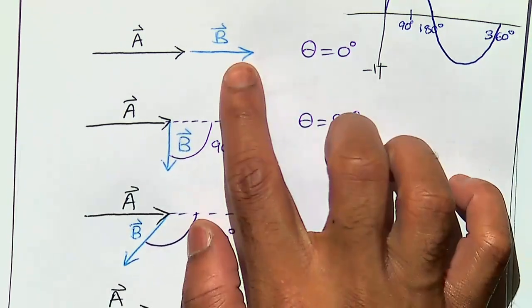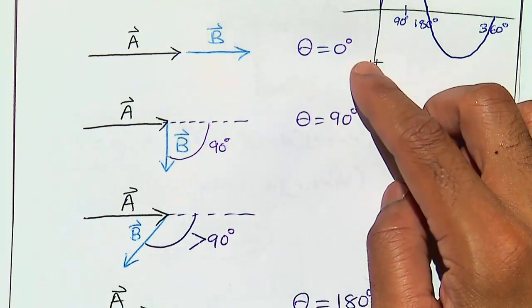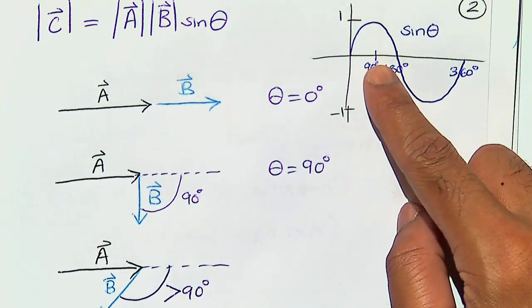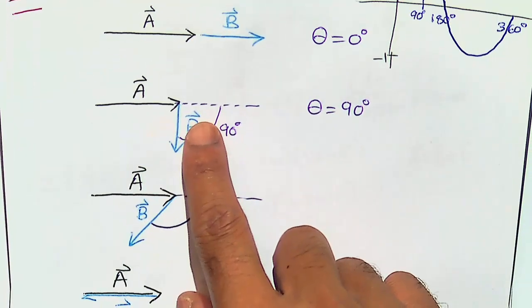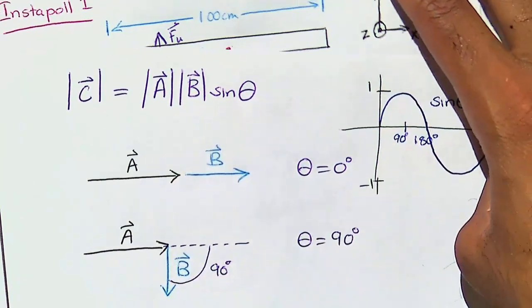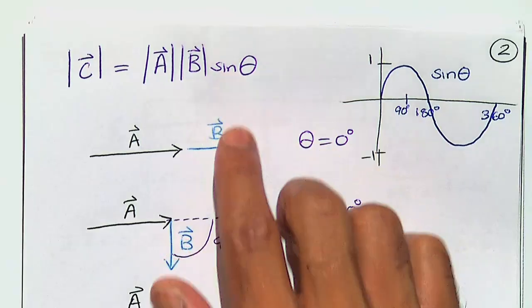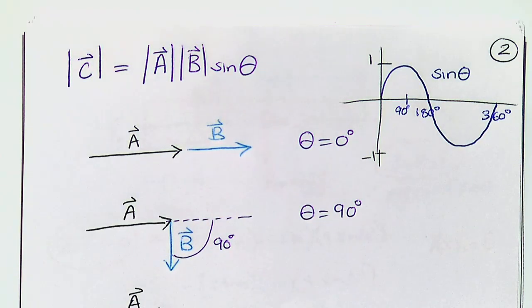If they're parallel to each other, then sine is set up to give you 0. But if they're perpendicular, 90 degrees to each other, then sine of 90 degrees is 1, and you get the largest magnitude. So the sine is there to quantify how perpendicular the two vectors are.